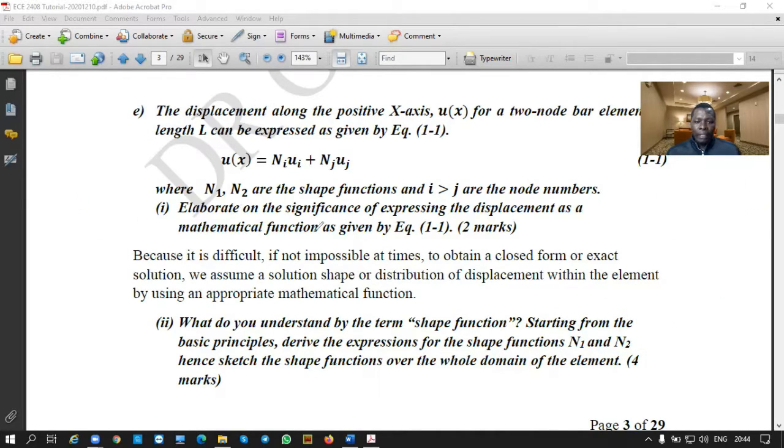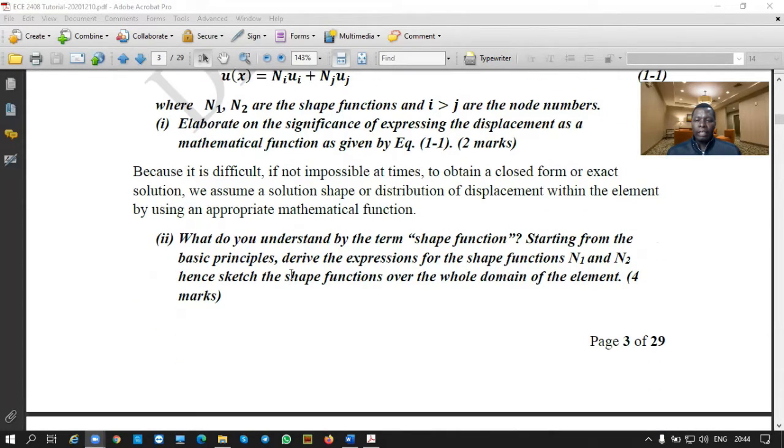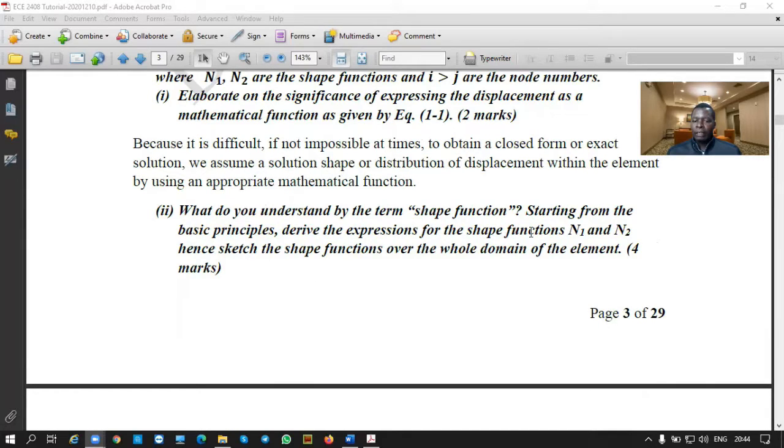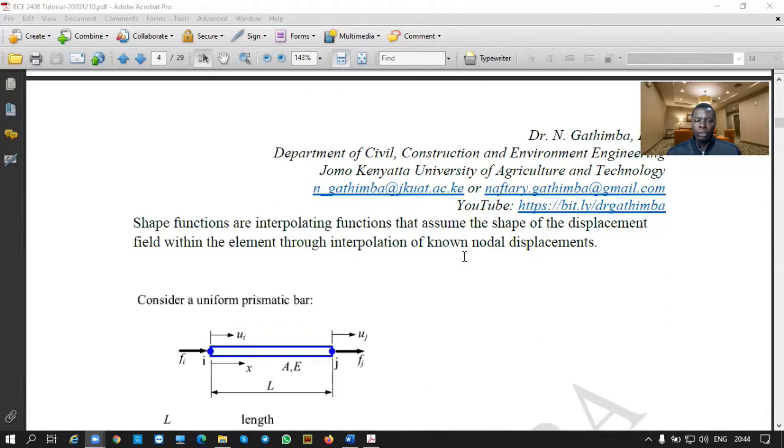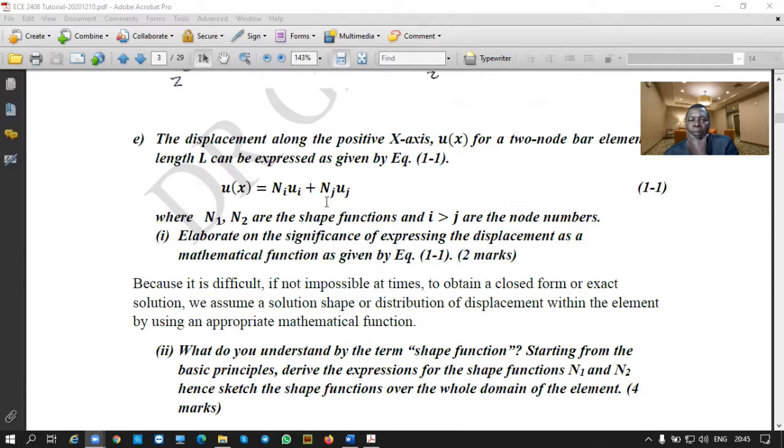The significance of expressing it as a mathematical function is that it's not always possible to have a closed form or exact solution. That's why we need to interpolate. So then you start from basic principles and derive the shape functions. These are just interpolating functions. This is kind of a repetition of part 1.